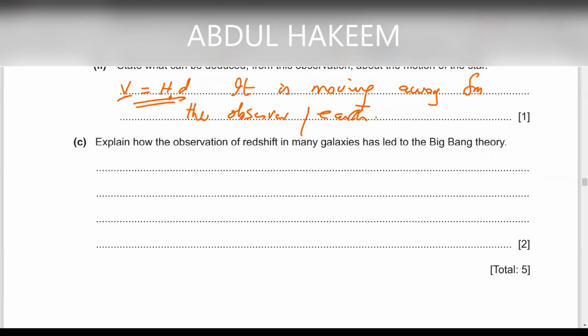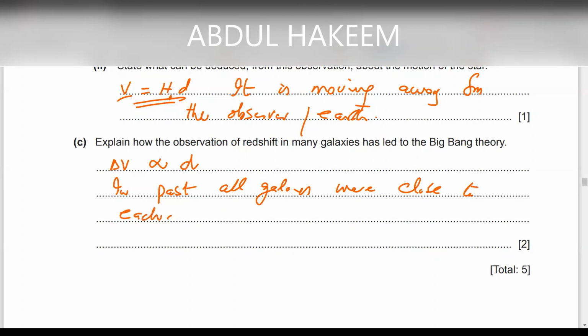And the next part is, explain how the observation of the redshift in many galaxies has led to the Big Bang theory. We have done this in question number 1 again. So the redshift is showing that the recessional velocity is increasing with distance. Going into the past, all galaxies were close to each other, but the recessional velocity was small.